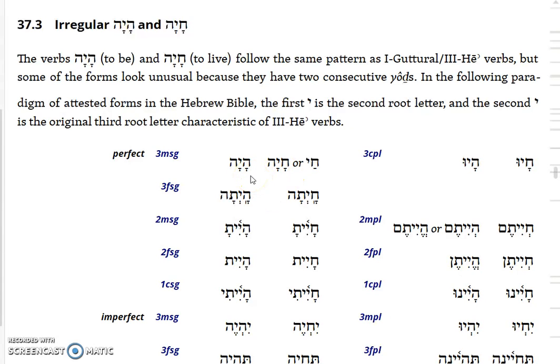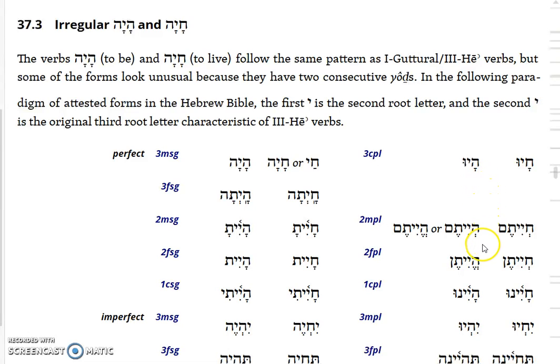So "he was" is haya, and then "she was" is hayta, and you get the same thing with haya, though there is a shorter form hai that sometimes occurs for the third masculine singular. And then hayita, these are pretty much what you would expect given the third hey form there.